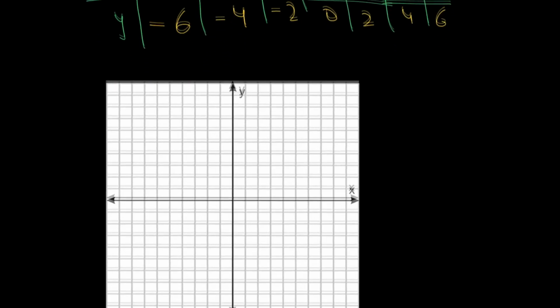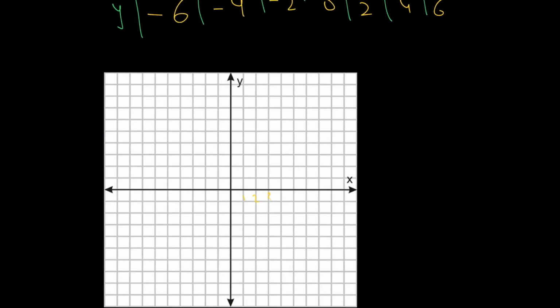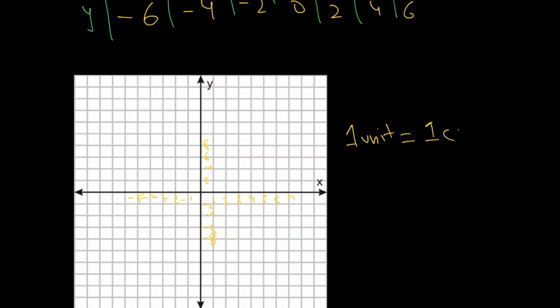So now we number the axes. So we have 1, 2, 3, 4, 5, 6, 7, minus 1, minus 2, minus 3, minus 4, minus 5. And here we have 2, 4, 6, 8, minus 2, minus 4, minus 6, and minus 8, right? So on the x-axis, my scale is 1 unit for 1 centimeter, because after every block we are differing by only 1 centimeter.